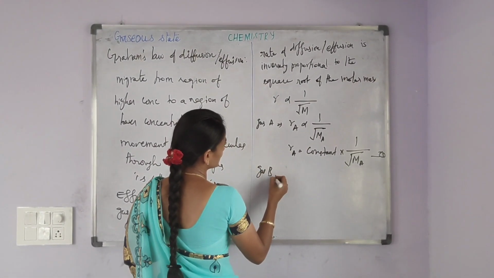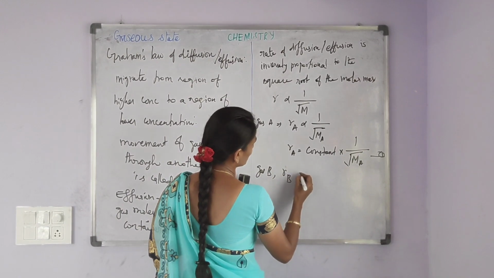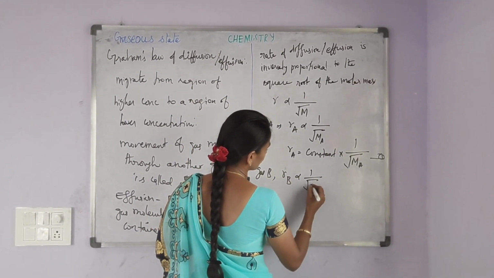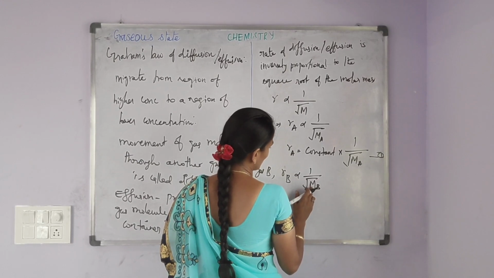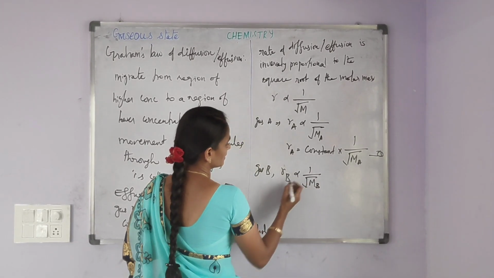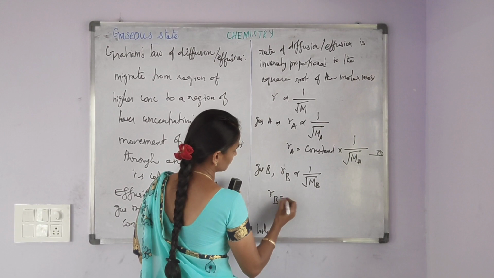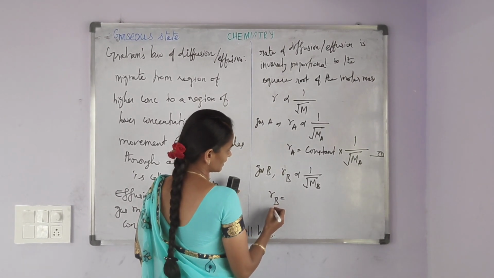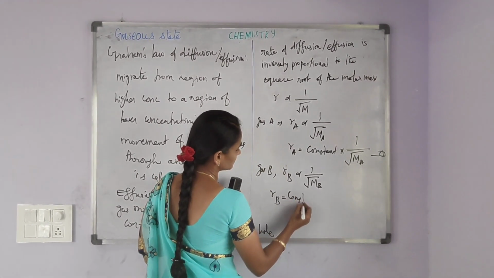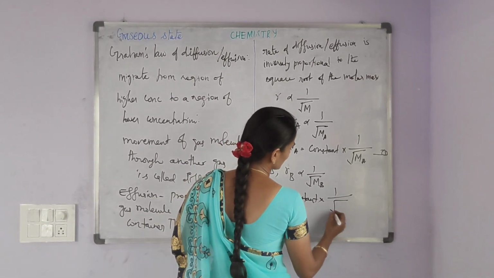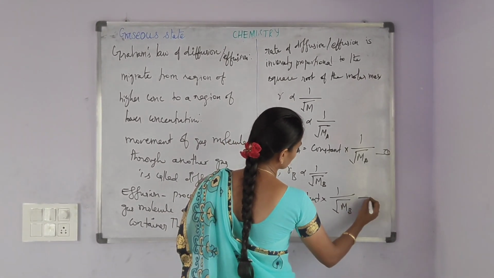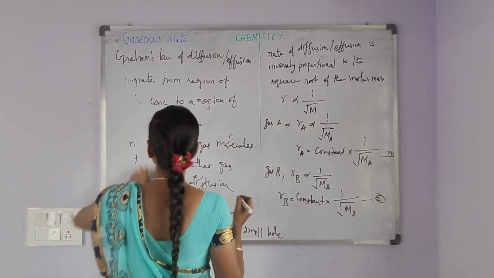For gas B, Rb is inversely proportional to the square root of the molar mass of B. Removing the proportionality symbol, a constant is introduced. Rb is equal to constant into 1 divided by square root of Mb, equation number 2.